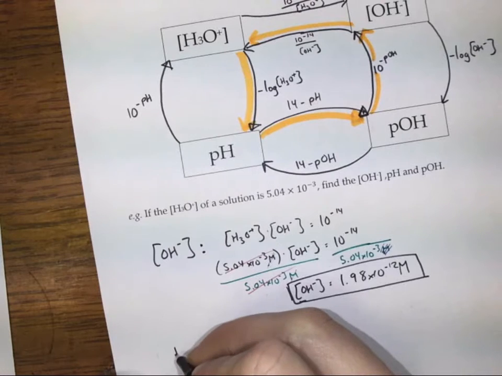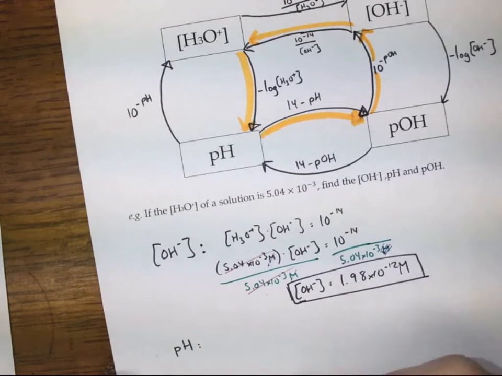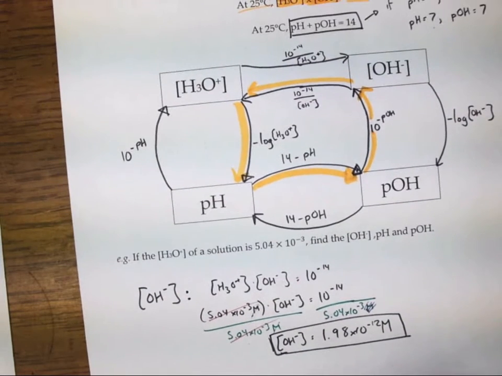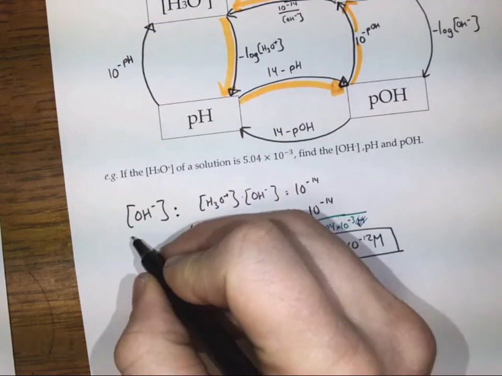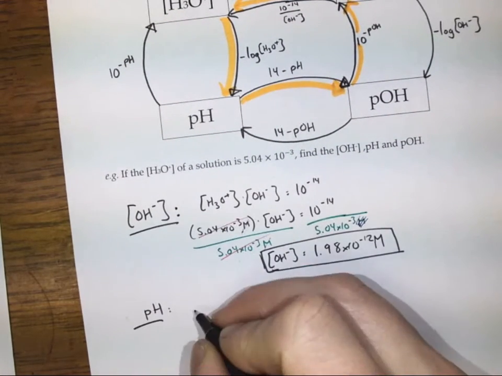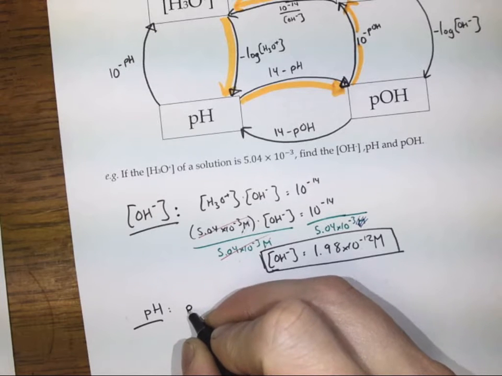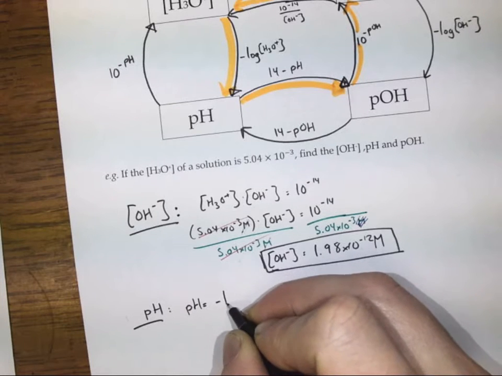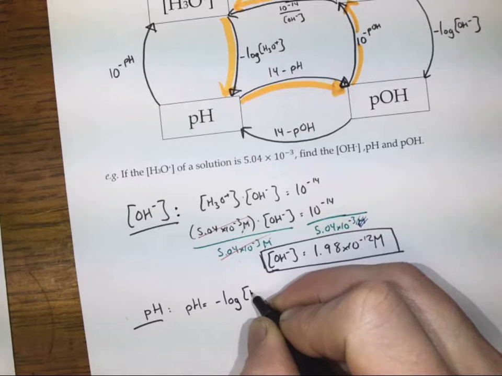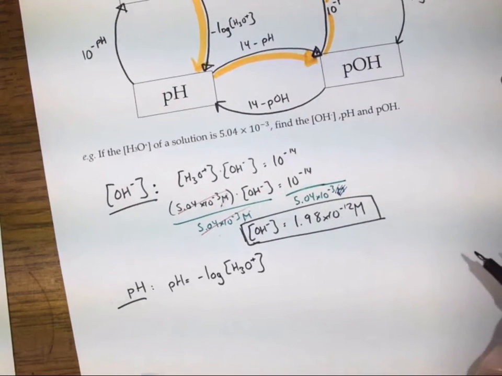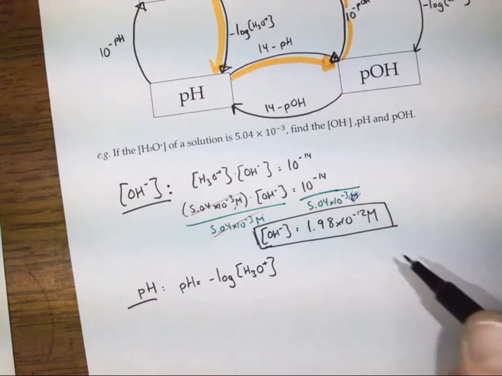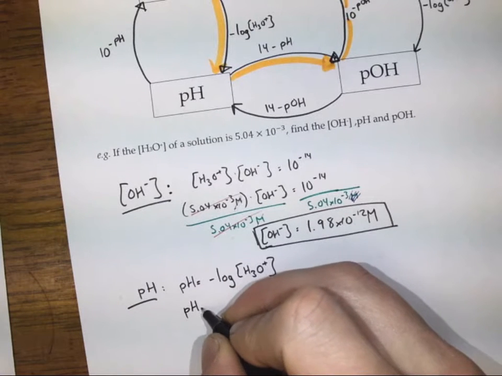So now I need my pH. So what do I know? I know that for pH, I have this principle that says my pH is defined to be the negative logarithm of my hydronium concentration. Since I know my hydronium concentration, I should be able to find my pH.